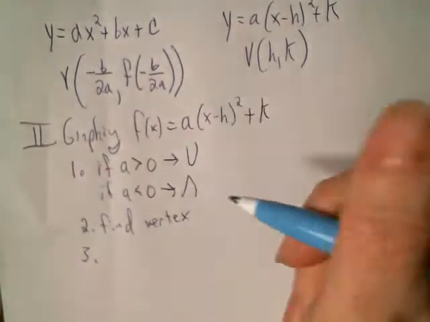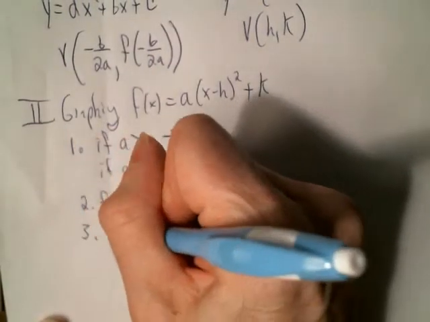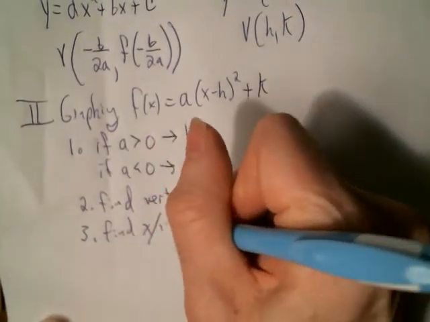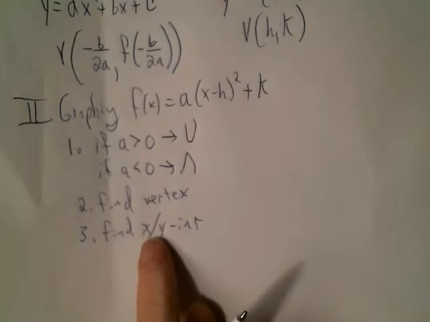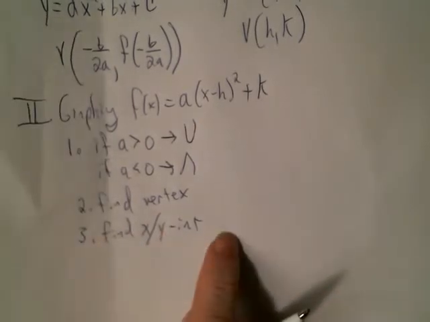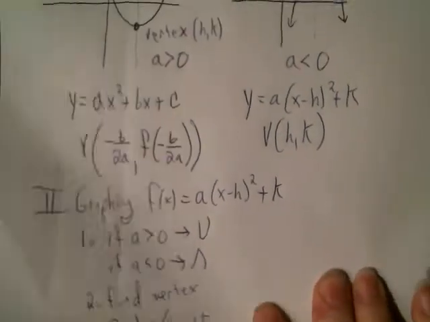And thirdly, you'll get the x and y intercepts. This last part is pretty easy. We've done it before with equations of lines. For the x-intercept, you let y be 0. For the y-intercept, you let x be 0. So it's pretty simple.